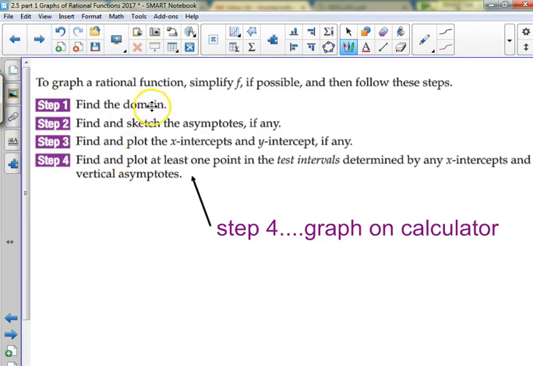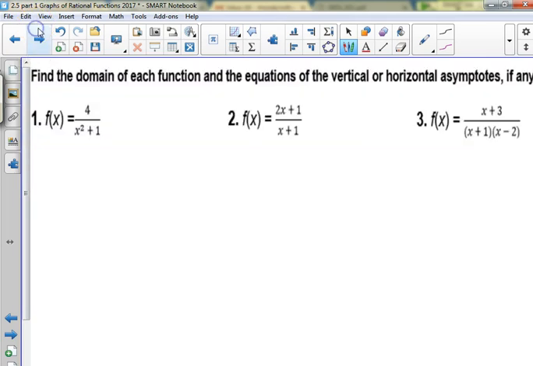So you are going to want to find the domain, sketch asymptotes, plot x and y intercepts, and then plot at least one point in the test intervals determined by, so in between each of the asymptotes, plot at least one accurate point if you can. Now, sometimes that accurate point is 4, 0.1, which is pretty hard to be accurate, but just graph it on the calculator and see what's going on.